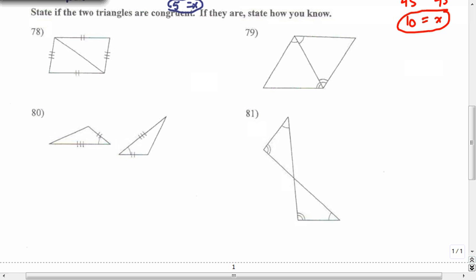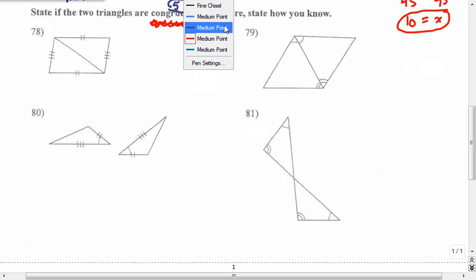Okay. The next section asks us to state if the two triangles are congruent. And if they are congruent, we need to state how we know. So we need to talk for just a moment about congruence. Let's start out with our similarity conjectures. For similarity, we have 3 conjectures.